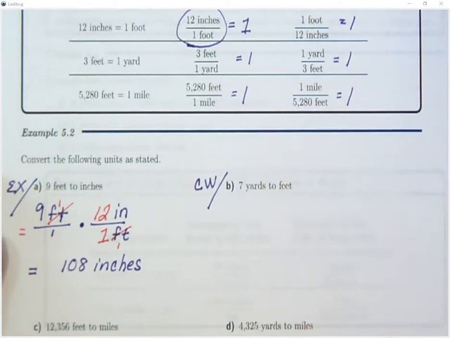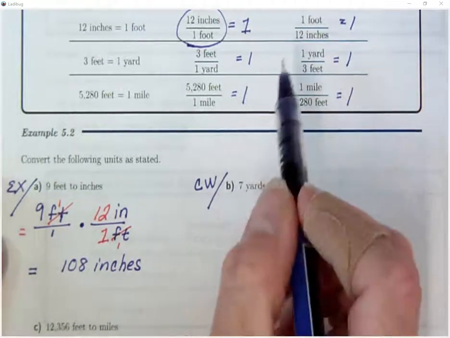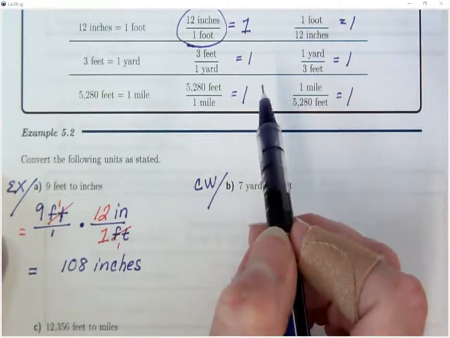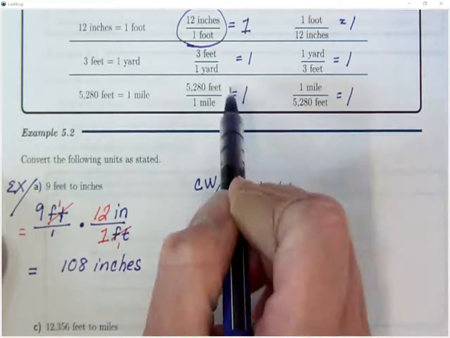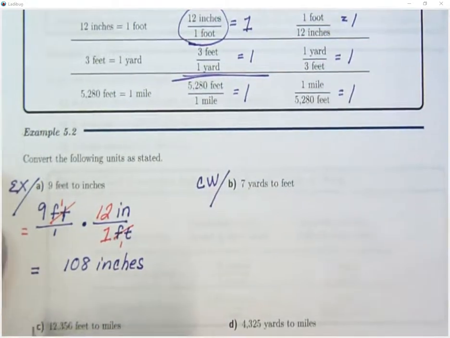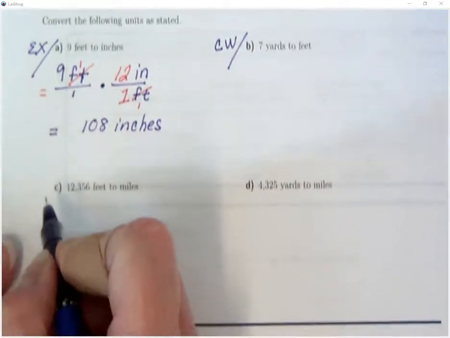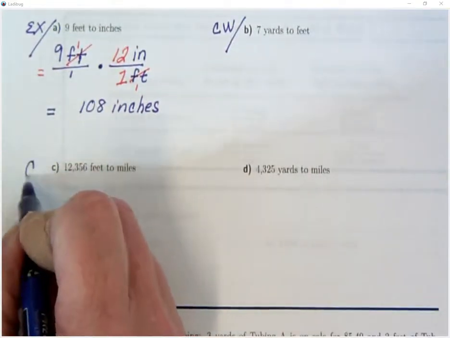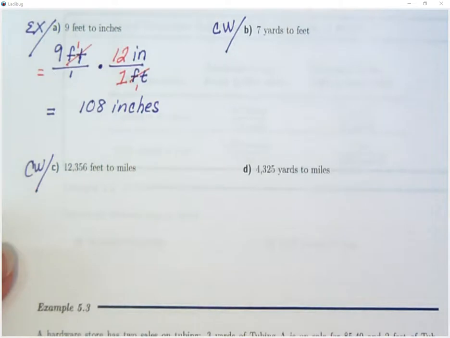And actually, no, you'll still be using this one right here because you'll want your yards on the bottom. So you're going to use this one right here. This problem down here, C, that'll be a classwork.